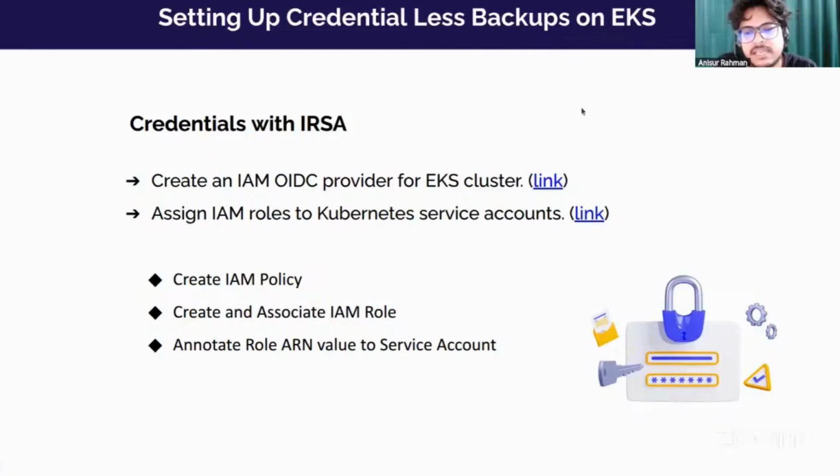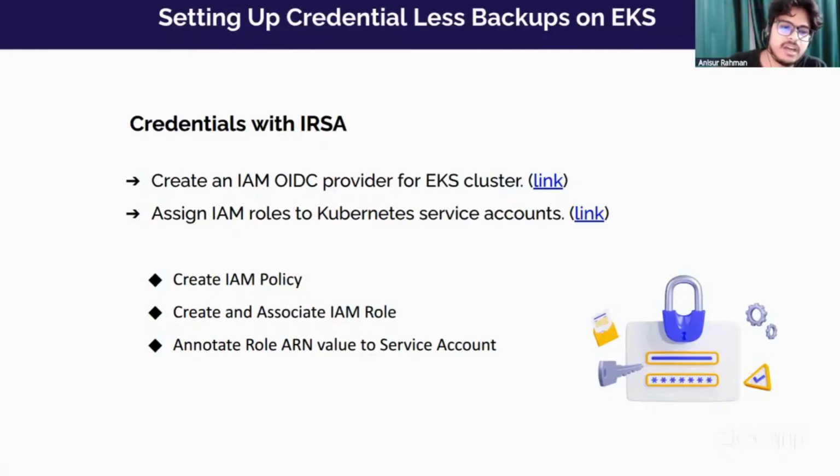Through this link you can easily create the OIDC provider of the EKS cluster. This is not rocket science, it's quite easy. Just some URL or command, or you can also create the OIDC provider from the AWS console. It's really easy, so I am skipping this.